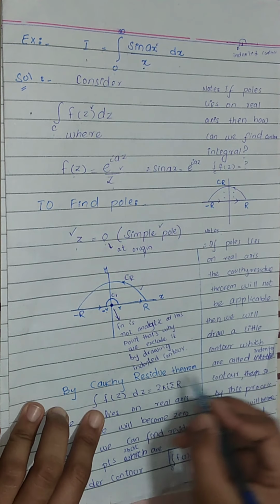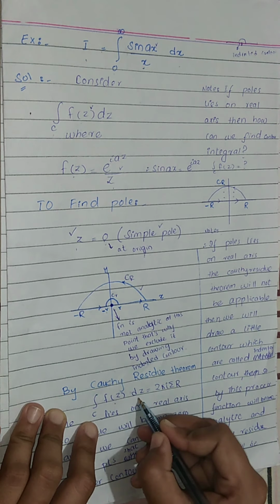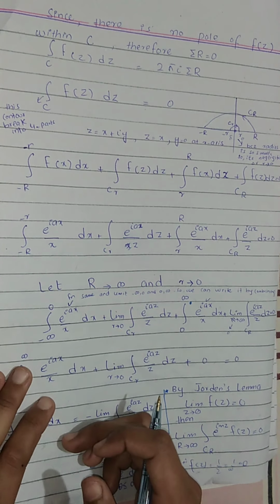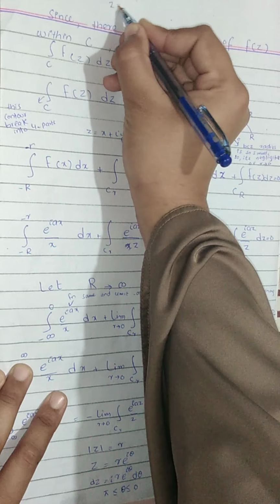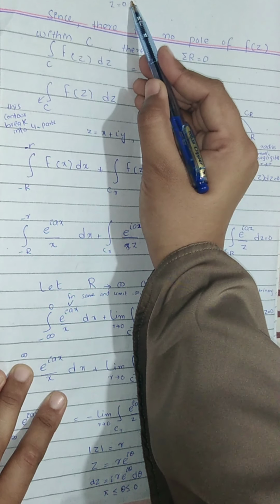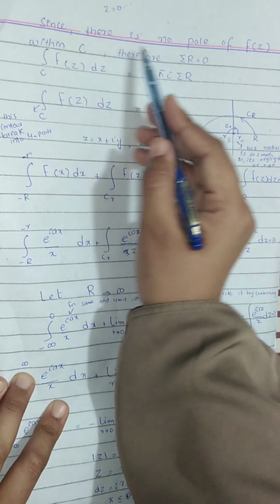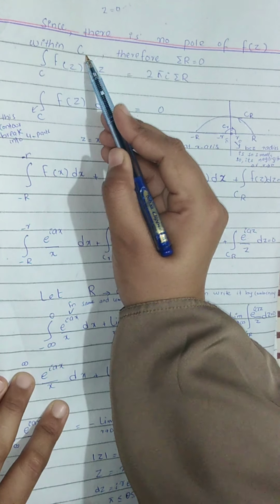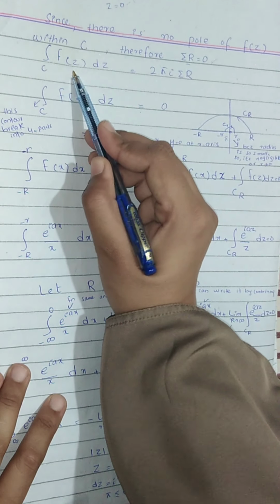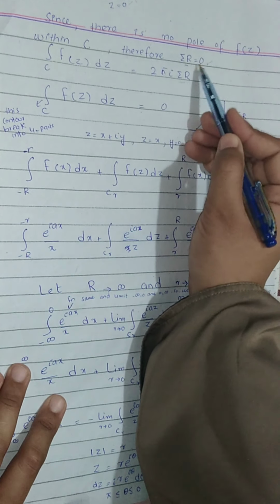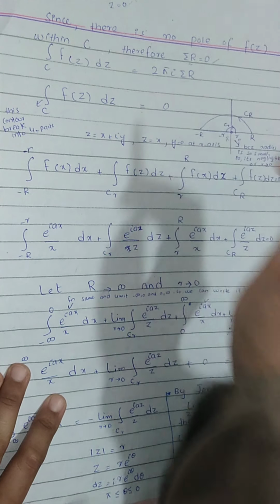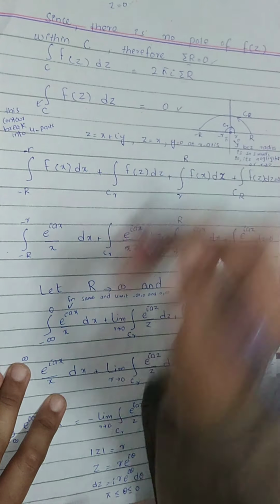By Cauchy's residue theorem, the contour integral of f(z) dz is equal to 2 pi i times the sum of residues. By excluding this point, there is no pole of f(z) within the contour. Therefore the sum of residues is equal to 0, so the contour integral of the function is equal to 0.